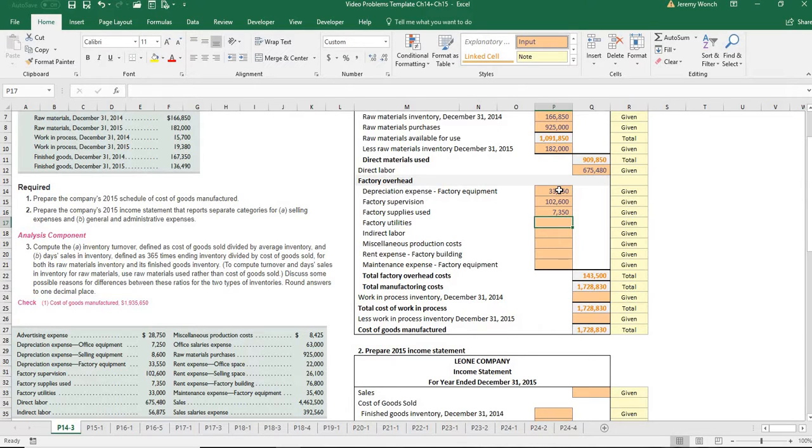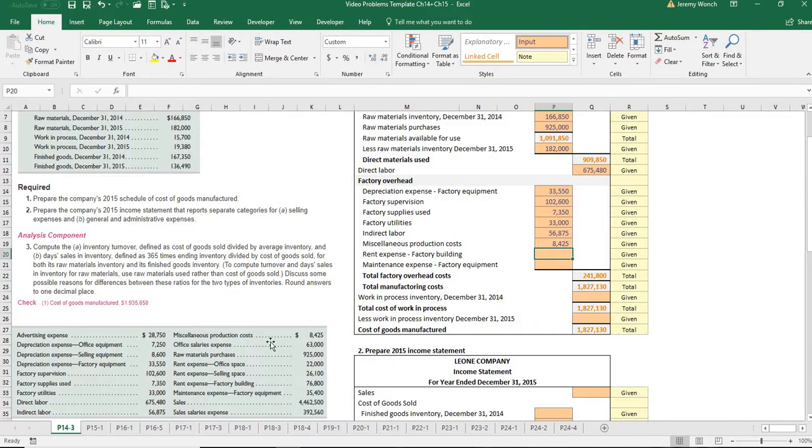And then our factory utilities is $33,000. Indirect labor is $56,875. Our miscellaneous production cost, let's see, it's right here. That's going to be our $84.25.